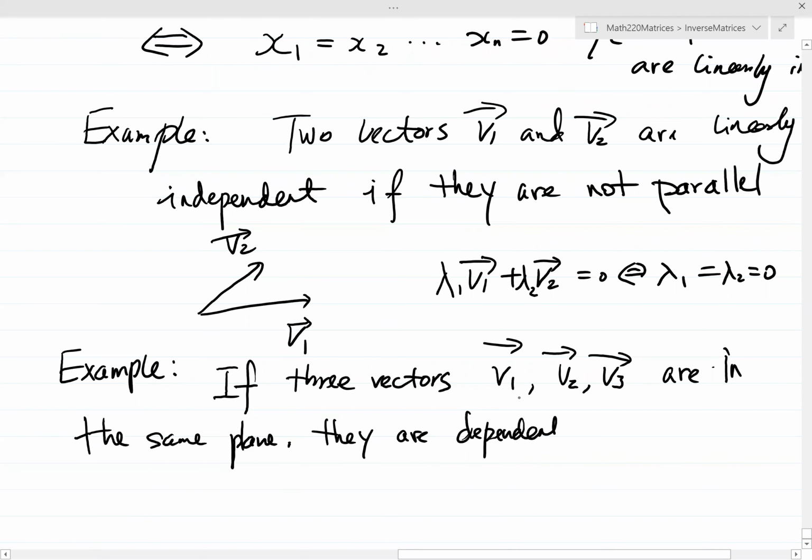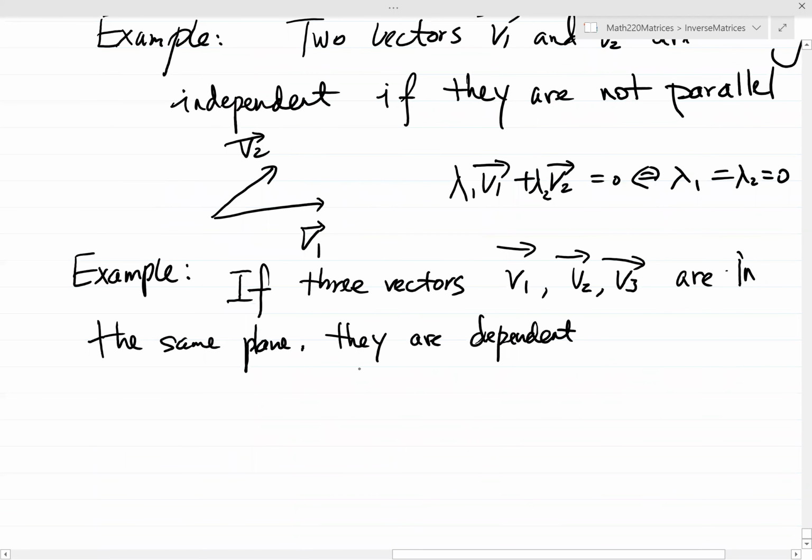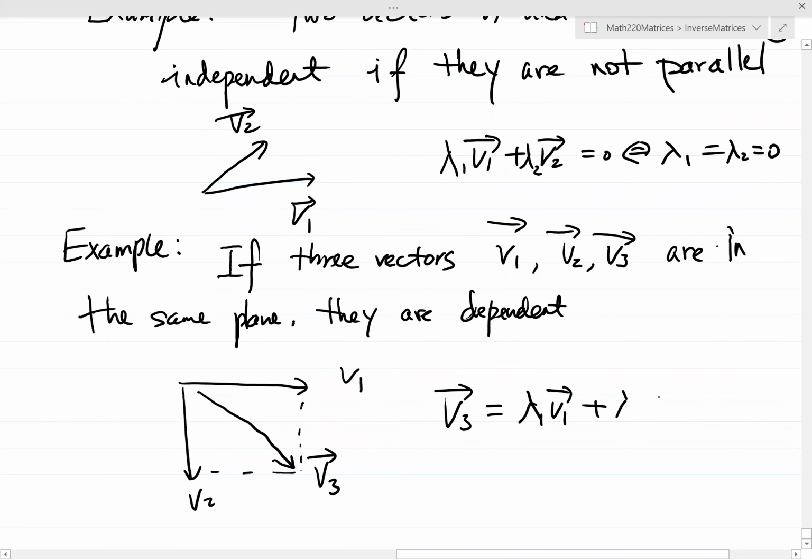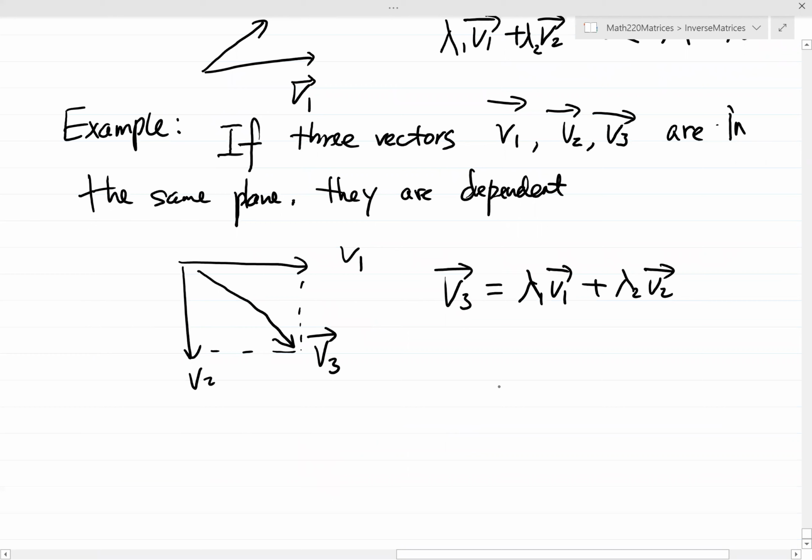You can use some relation. Suppose V3 is in this direction. Then you can have V3 equal to some lambda 1 V1 plus lambda 2 V2. So we can choose lambda 1 V1 plus lambda 2 V2 plus negative 1 V3 to be 0.